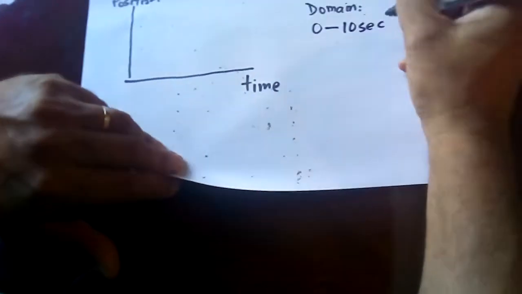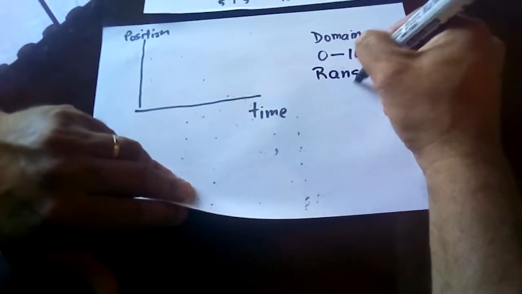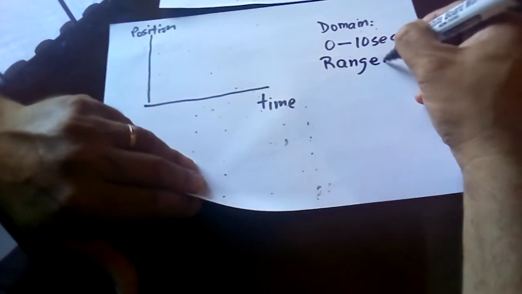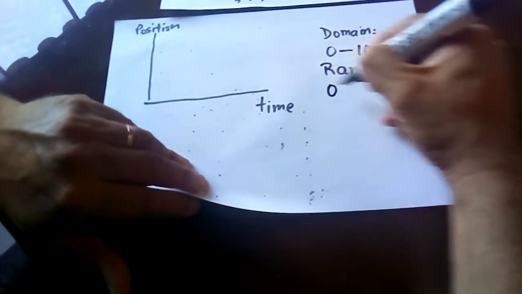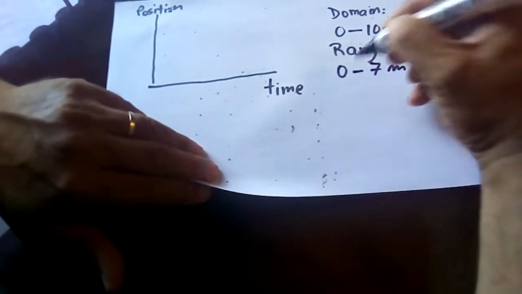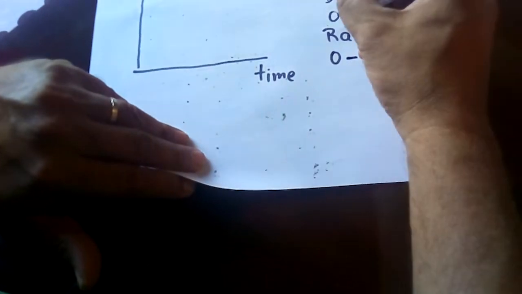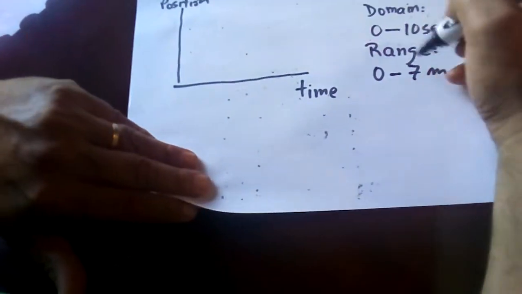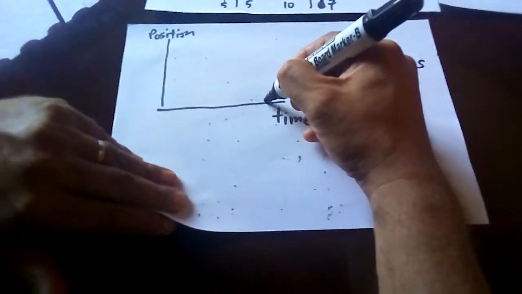So that's the domain. And then we need the range, and the range in this case is the position value that goes from 0 to 7 meters. That's the maximum point, the minimum point, the maximum time, the minimum time. We use these numbers and we create our chart.